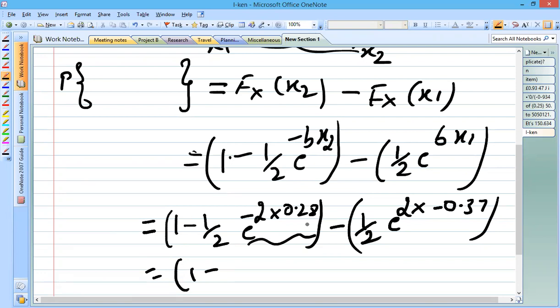So here e to the power minus 0.56. Shift log e to the power minus 0.56 will be equal to 0.5712, and again divided by 2 and minus with 1, the answer is 0.714.